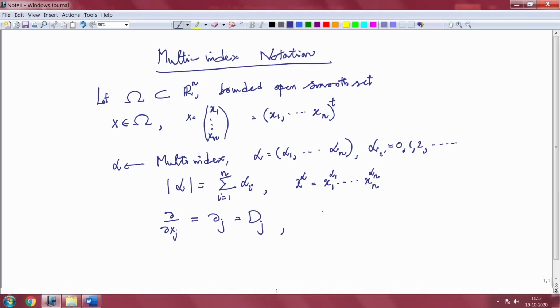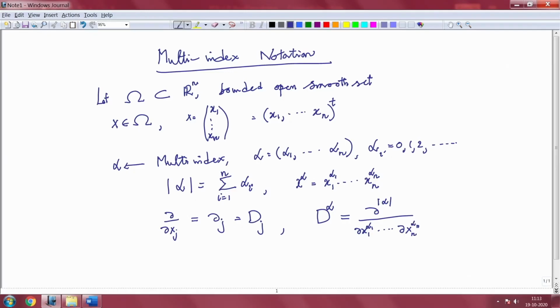The more important thing is that you can also put D power alpha. What is D power alpha? D power alpha is the derivative, you take the derivative up to mod alpha times. That is the advantage of this multi-index notation. So, dx1 power alpha 1, etcetera, dxn power alpha n. You can also put D_j power whatever is wanted.